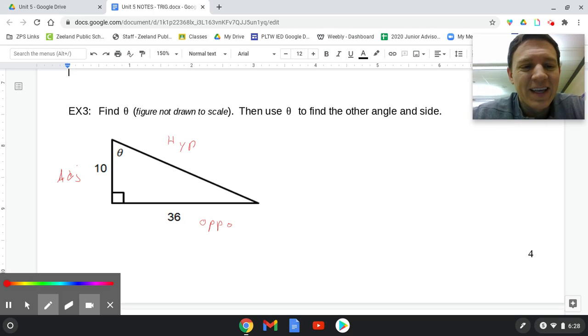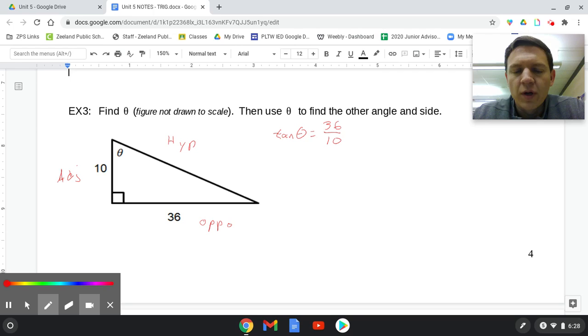So if I'm going to find theta, I need to use the trig ratio that compares the opposite and adjacent sides. I only have information for the opposite and adjacent. So which trig ratio compares opposite and adjacent? That's tangent. So let me set up tangent of theta is equal to opposite over adjacent, 36 over 10.